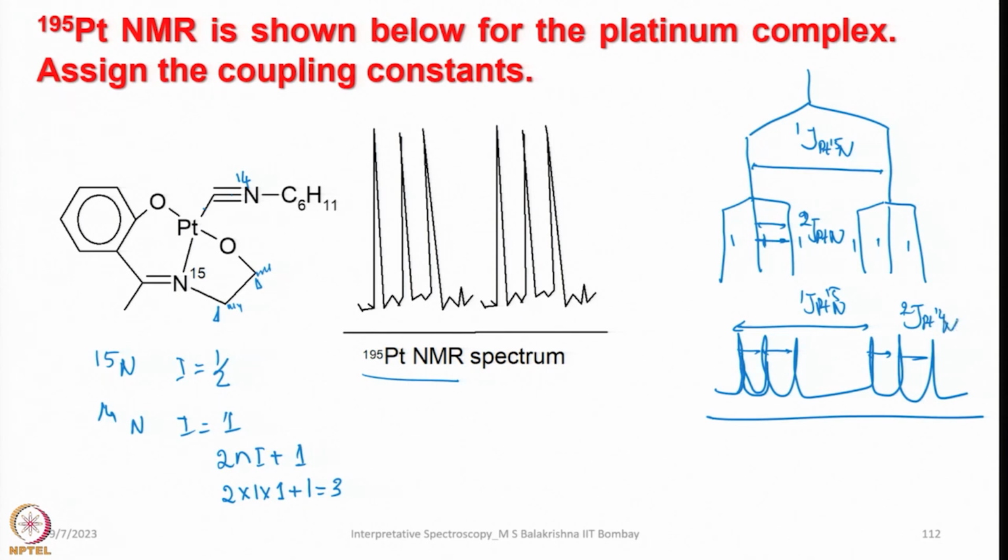So this is how, although it appears complicated, when you understand it becomes very easy. So this is 195 platinum NMR. This involves both 1J platinum 15N coupling as well as two-bond platinum 14N coupling. Normally we don't see 14N coupling, and if we get something like this, interpretation would be rather easy. So this is a typical 195 platinum NMR spectrum, and when we look into 195 platinum, it's very similar to carrying out a 13C NMR measurement.